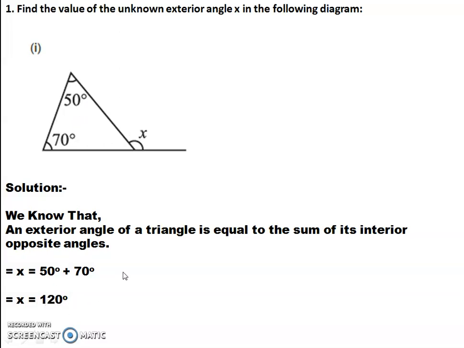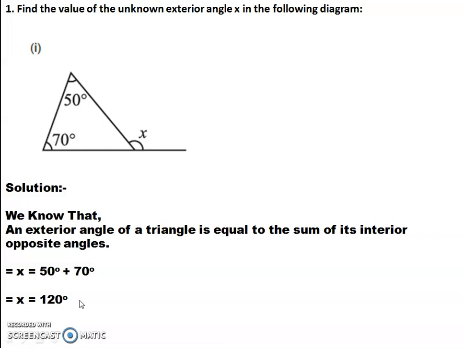When you are applying the exterior angle property of a triangle, you should write what that is, or at least you should write using exterior angle property of a triangle. We know that x is equal to 50 degrees plus 70 degrees. That is x is equal to 120 degrees.